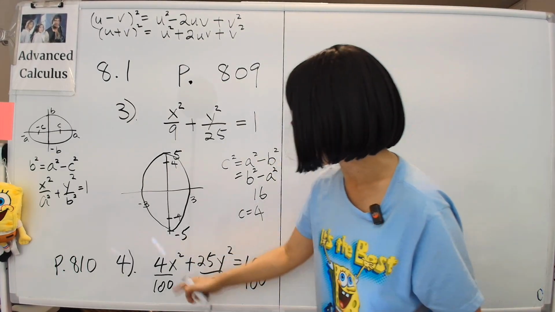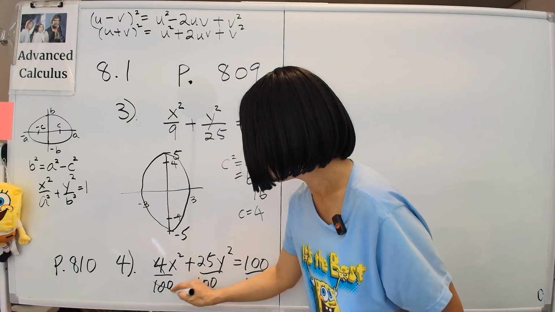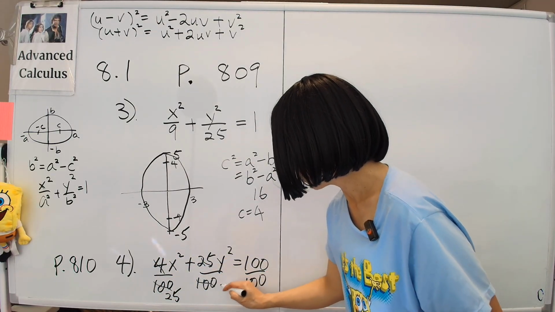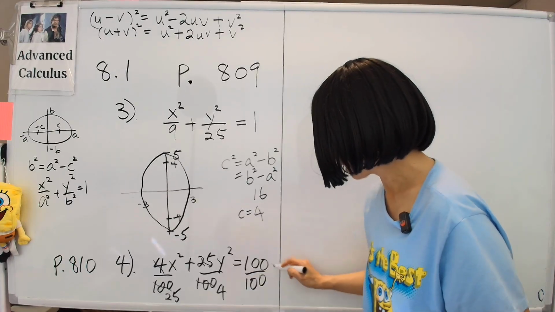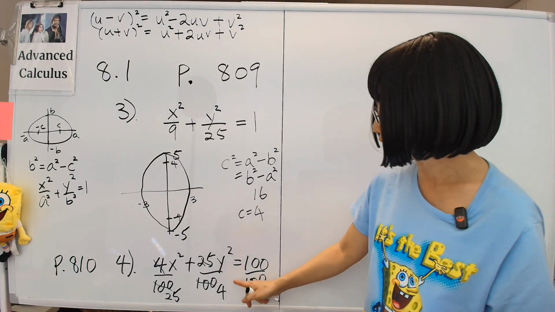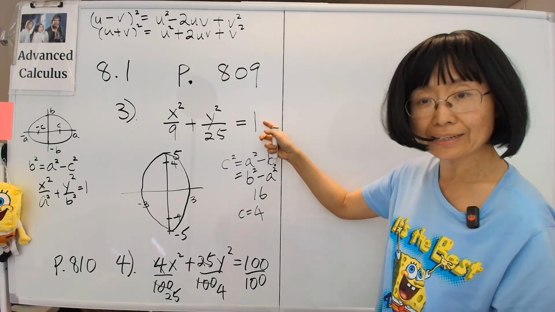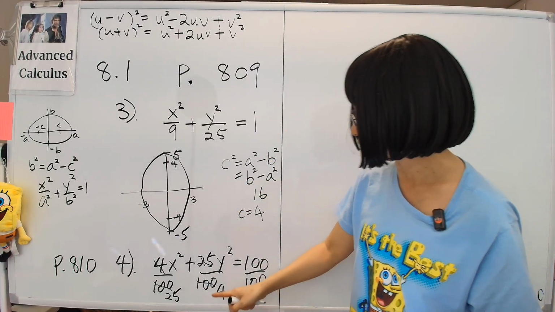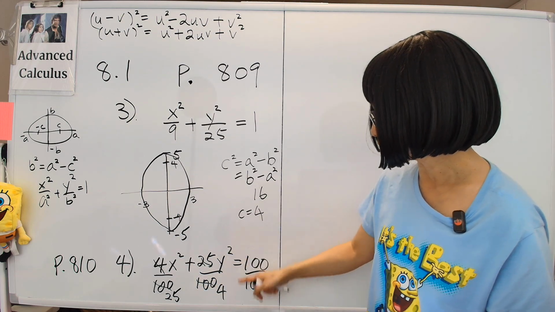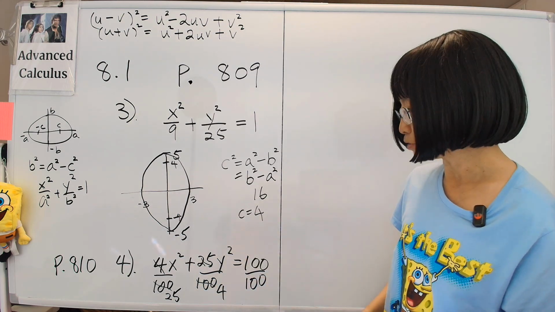If you divide by 100, this cancels out to be 25, and this cancels out to be 4, and that's 1. So now we have an identical form as before: x squared over 25, y squared over 4, equals 1.